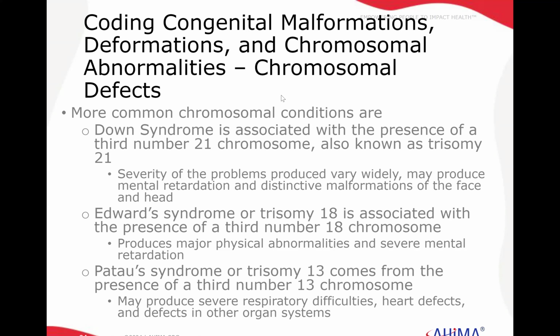Edwards syndrome, or trisomy 18, is the same type of issue, except instead of being on chromosome 21, it's on chromosome 18. And Patau syndrome, or trisomy 13, is a third number 13 chromosome.